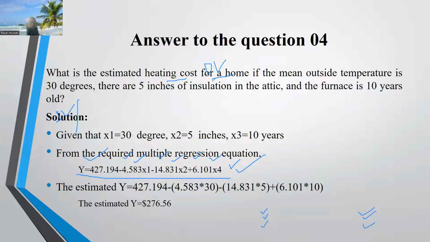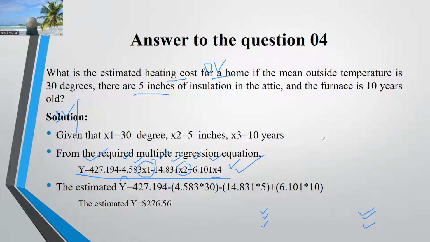X1 means the outside temperature, X2 means the attic insulation. If the attic insulation is 5 inches, the outside temperature is 30 degrees, and the furnace age is 10 years, what is the estimated cost?